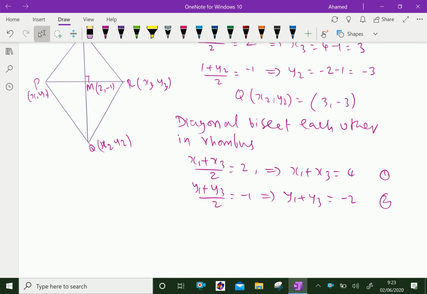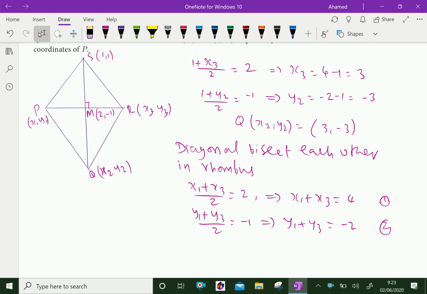Now the two diagonals are perpendicular to each other, therefore the slope of PR multiplied by the slope of SQ equals minus 1.